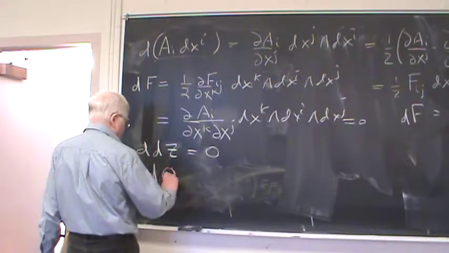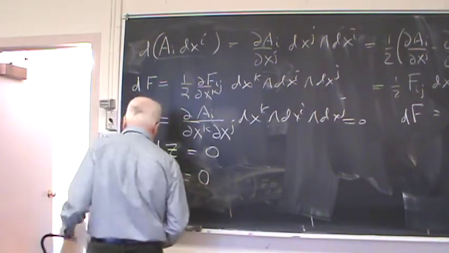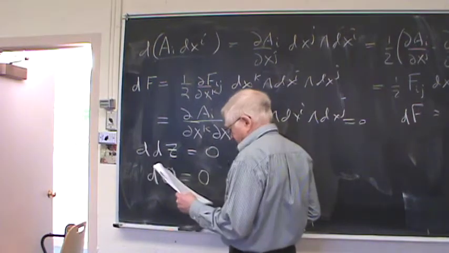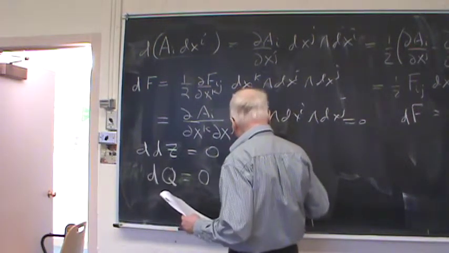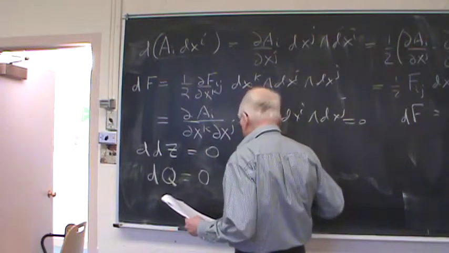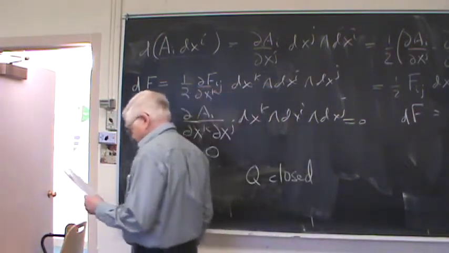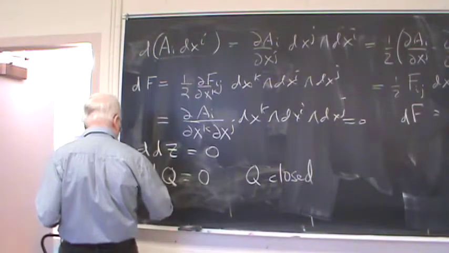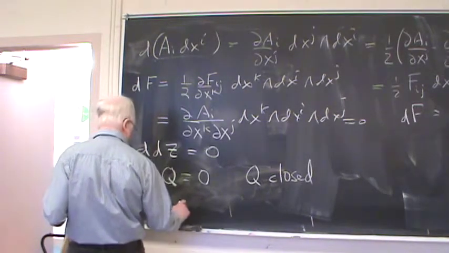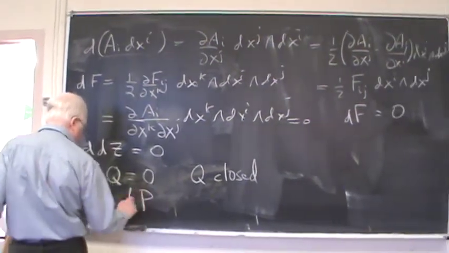Suppose we have dq equals 0. What we say here is that q is closed. And then suppose we can say that q is equal to d of something else, dp.